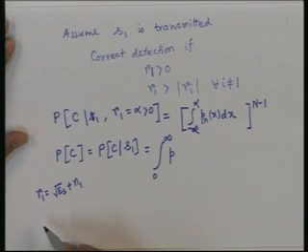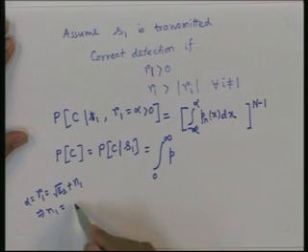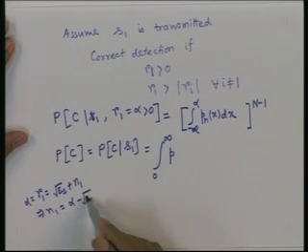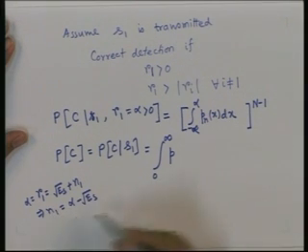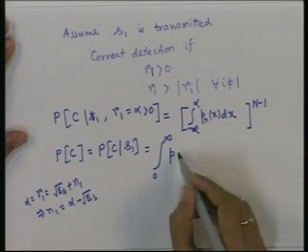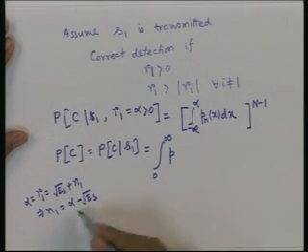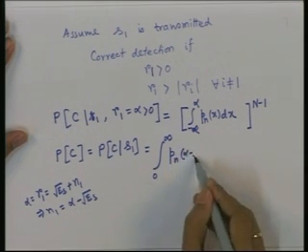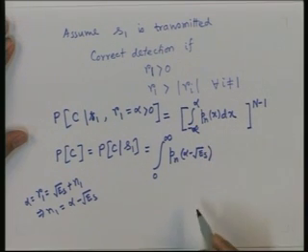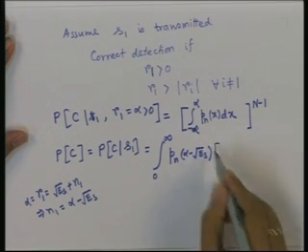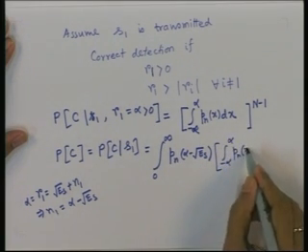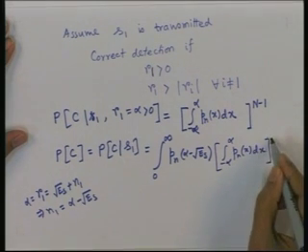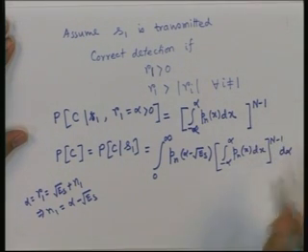So, if R1 is alpha, that means that N1 must be alpha minus root over Es. So, the density of N1 is known. So, we have to take that, evaluate the density at this point. For R1 to be alpha, N1 must be this value. So, Pn of alpha minus root over Es, and then take this integral from minus alpha to alpha of Pn(x) dx to the power n minus 1, d alpha.